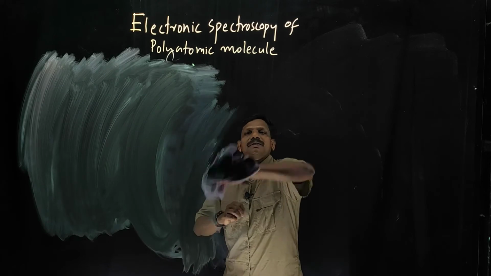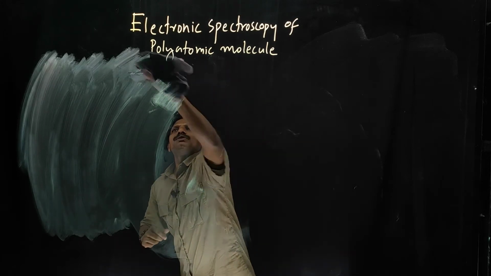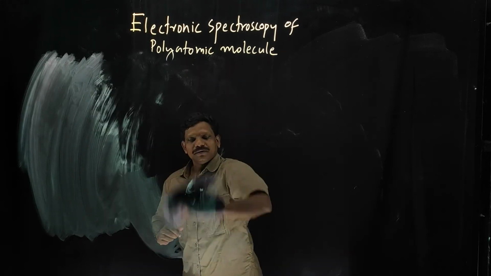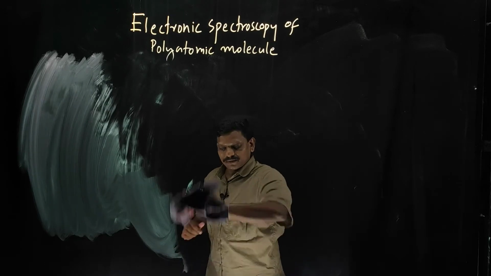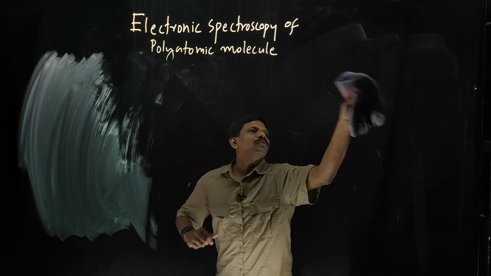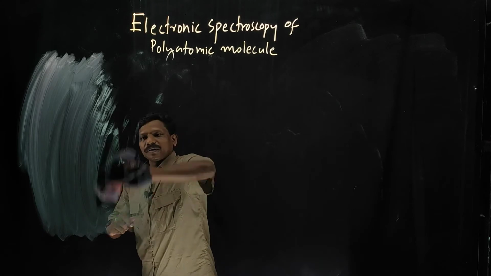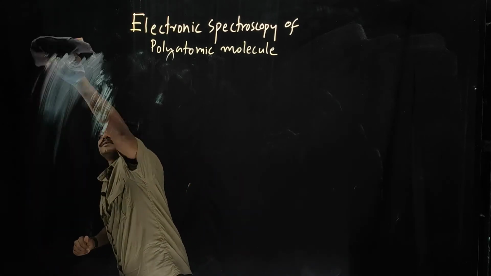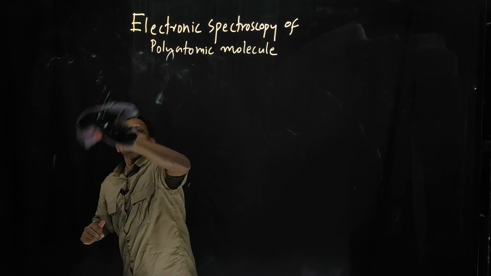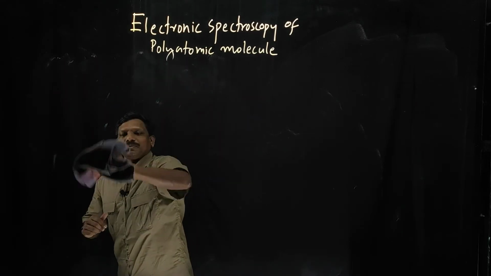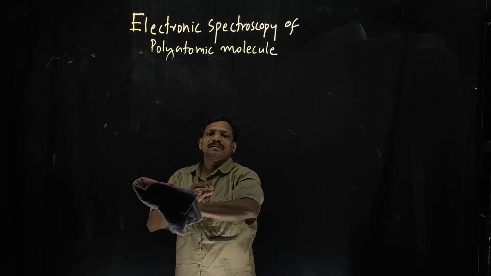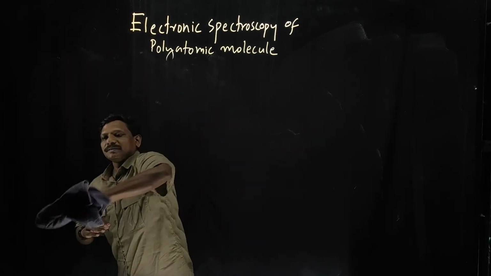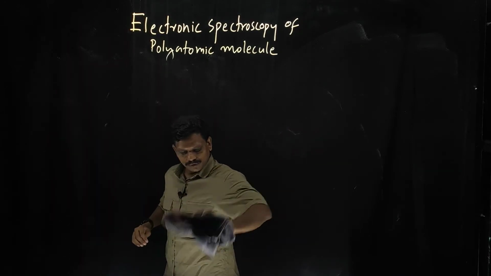That is nothing but chromophore and oxochrome. We will see what a chromophore is, what the examples of a chromophore are, and what you mean by oxochrome. In a simple way, I will explain what chromophore and oxochrome are.